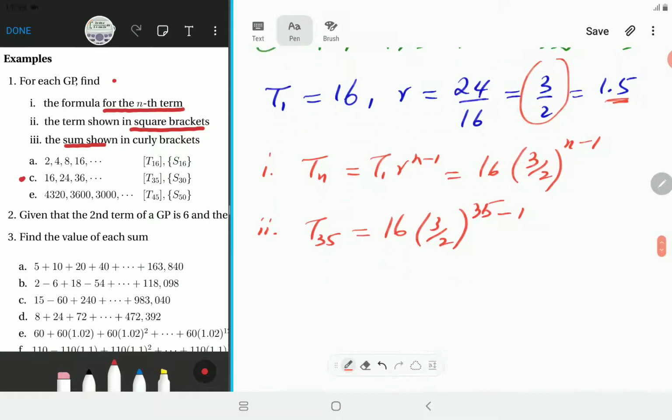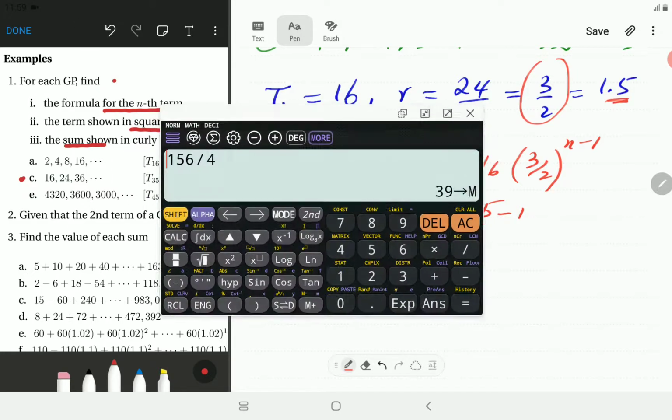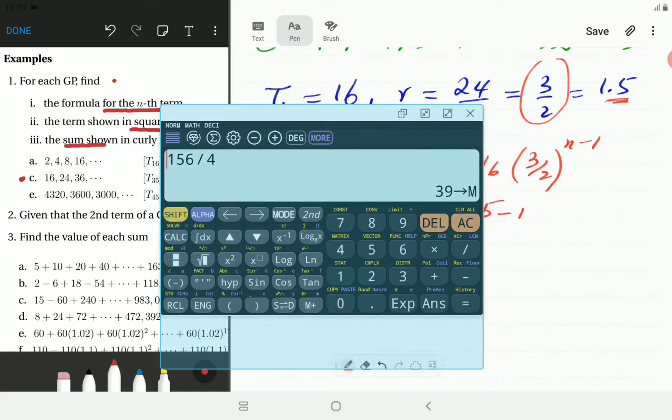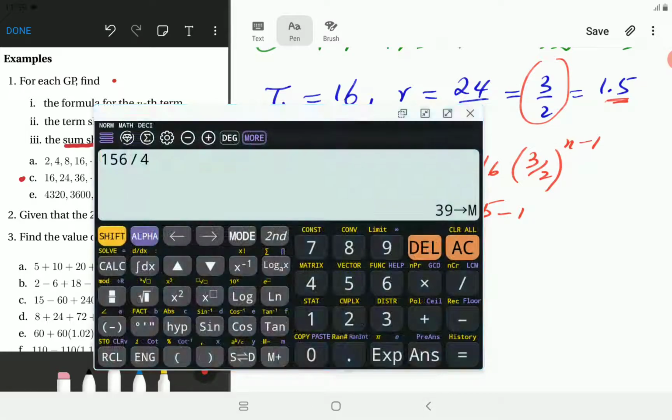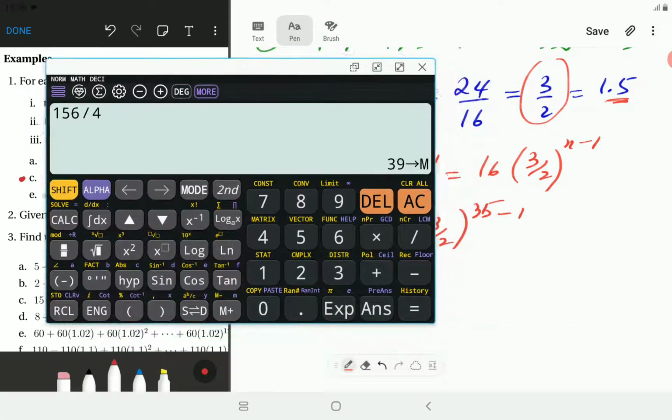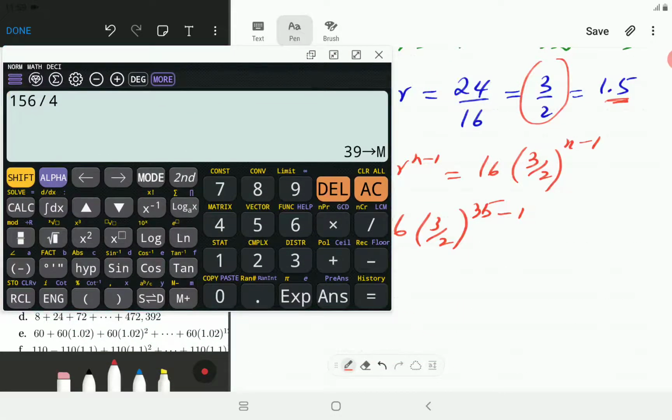Then we can punch this in the calculator, and it's at that point that we could write things in decimal form. We're going to use an accuracy of 2 decimal places in all cases here, but it just depends on what accuracy your question paper specifies.